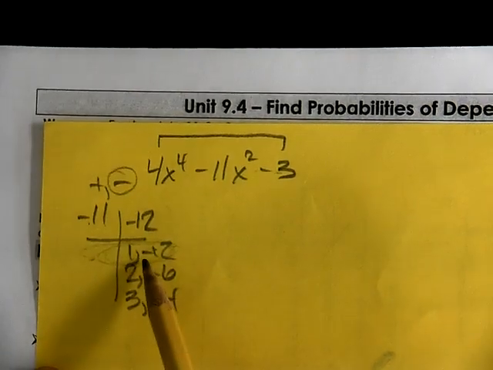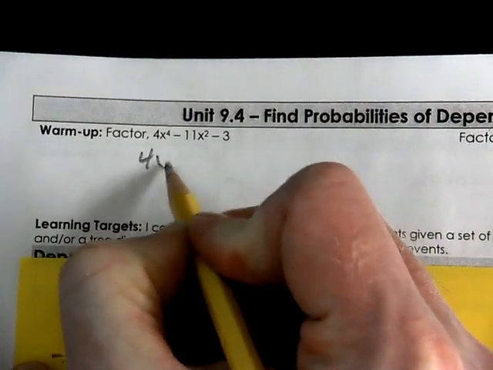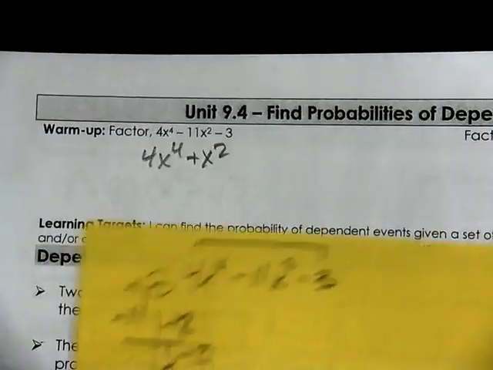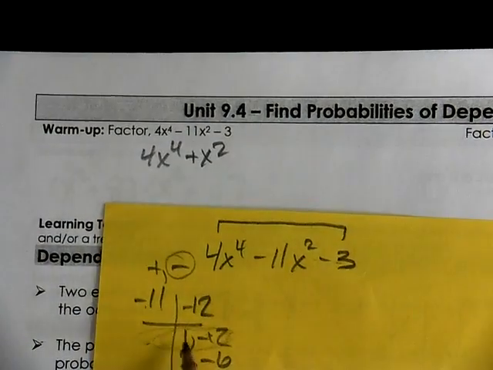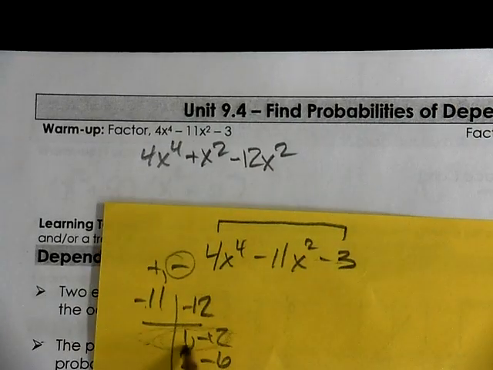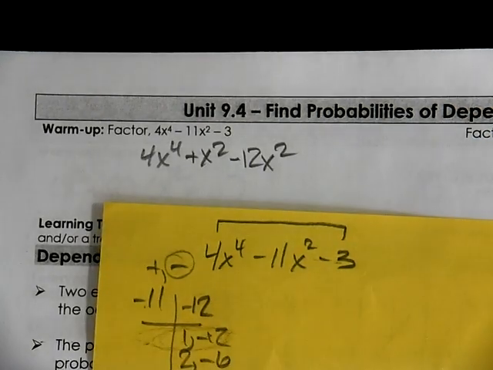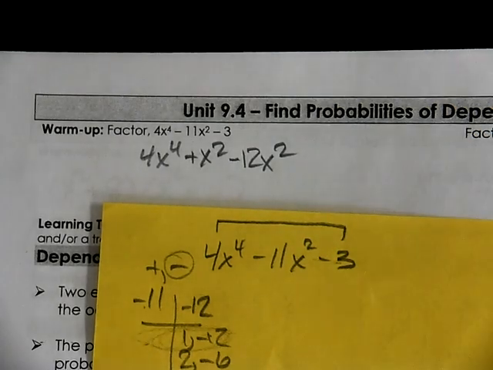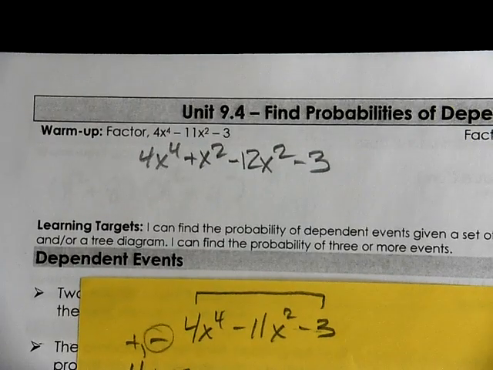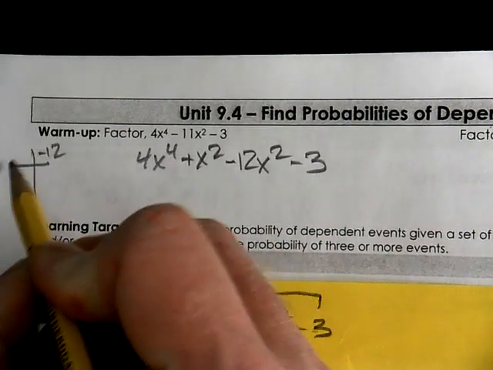If you like to use factor by grouping, we would take our 4x to the fourth and our positive x squared, because we're going to use the 1, and our negative 12x squared, because we're using the 1 and negative 12, because that multiplies to be negative 12 and adds to be negative 11. And then we put the negative 3 at the end of it.